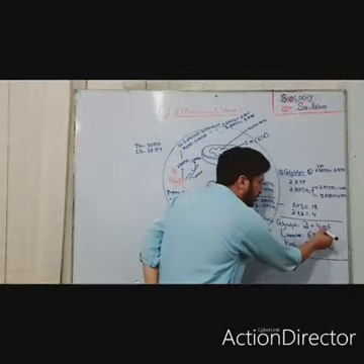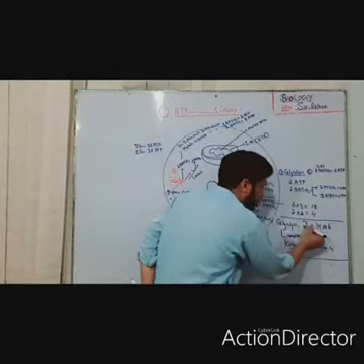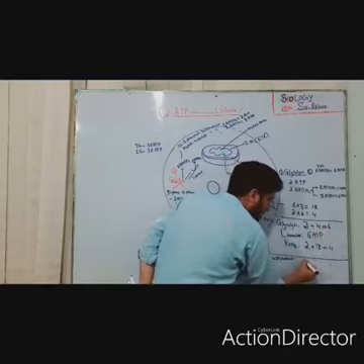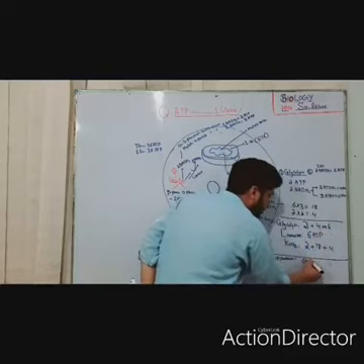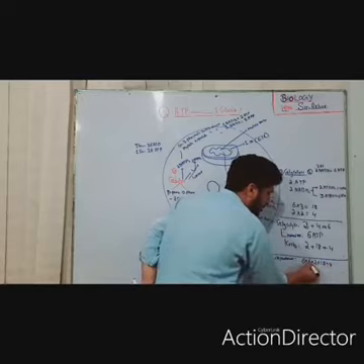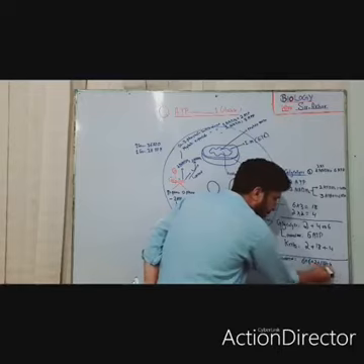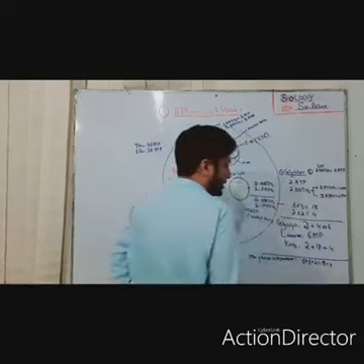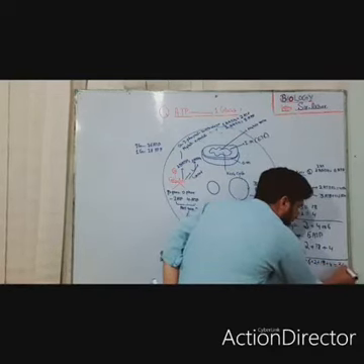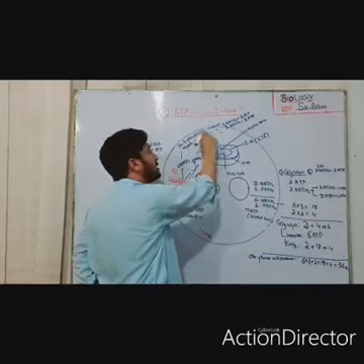How? According to the first shuttle, 36 ATP molecules will be produced. So 2 plus 4 is 6, plus 6, plus 2, plus 18, plus 4. 6 plus 6 is 12, plus 2 is 14, and this 4 added to 14 is 18, and 18 plus 18 makes 36 ATP molecules, according to the glycerol 3-phosphate shuttle.